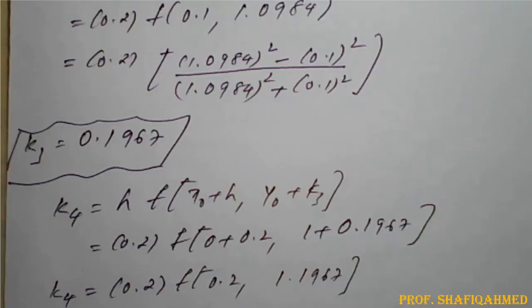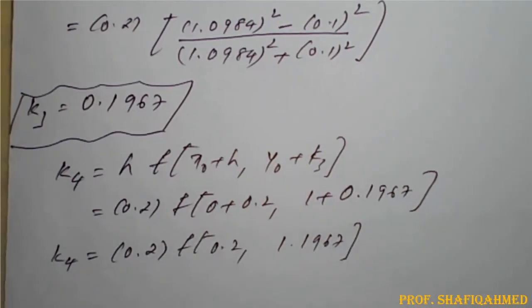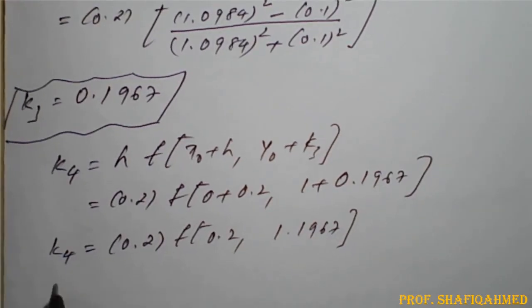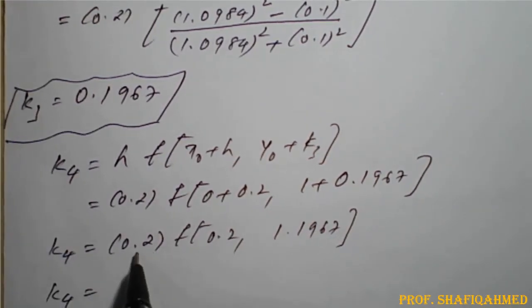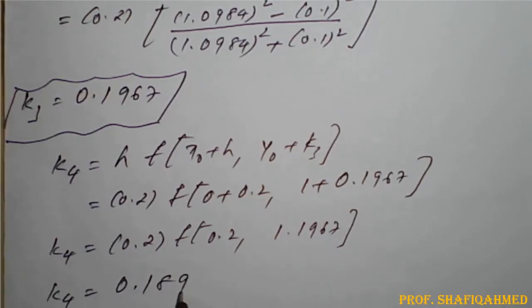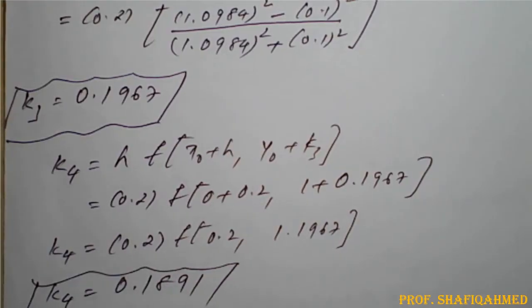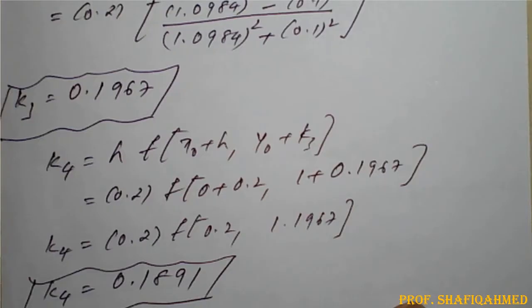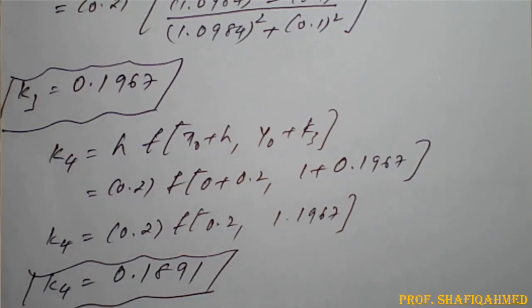So this is the value of x and y. If you apply these in the given differential equation and multiply by 0.2, K4 will be 0.1891.